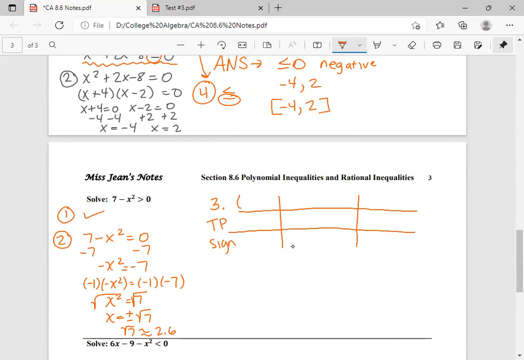So the smallest 0 I have is negative square root of 7. So I would want to look at a point from -infinity to negative square root of 7. Then I would want to look at negative square root of 7 to positive square root of 7. And then I want to look at positive square root of 7 to infinity.